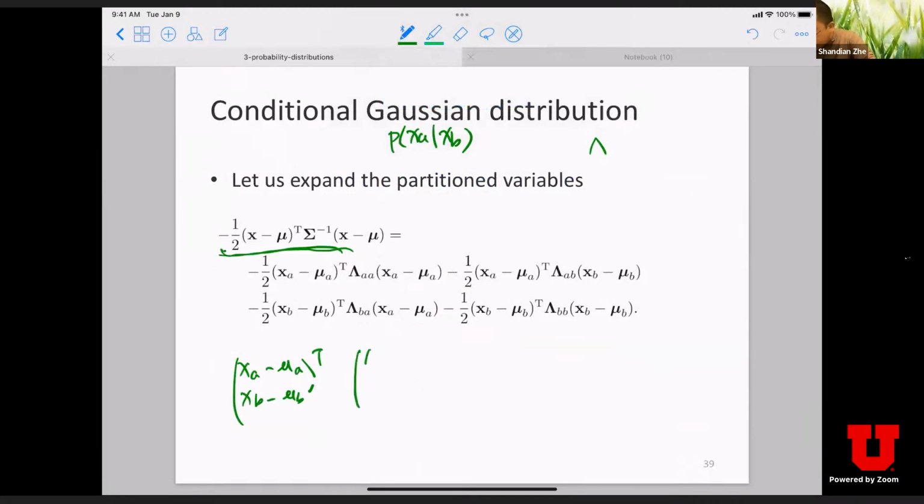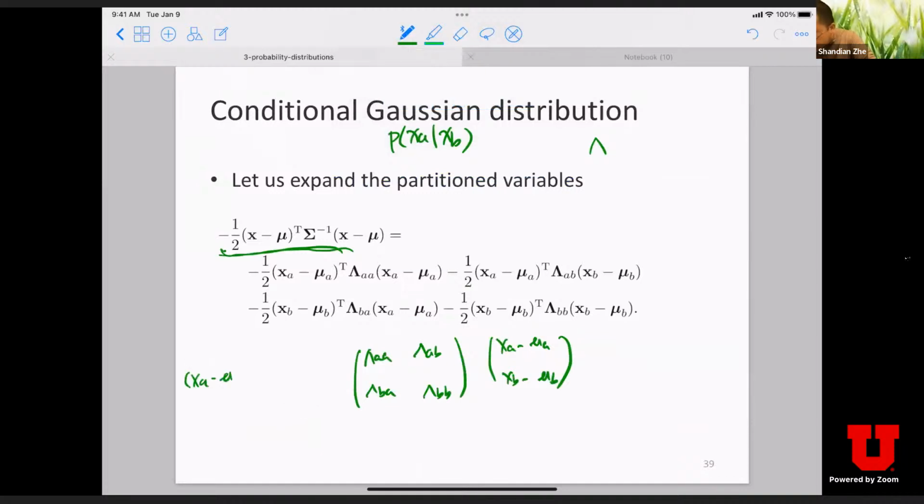So they will give you lambda AA, lambda AB, lambda BA, lambda BB, and this one will be multiplied by XA minus mu A, XB minus mu B. And the transpose can be further written as XA minus mu A transpose, XB minus mu B transpose.